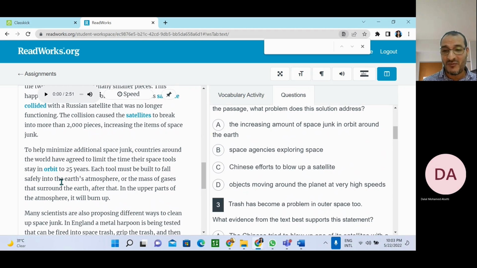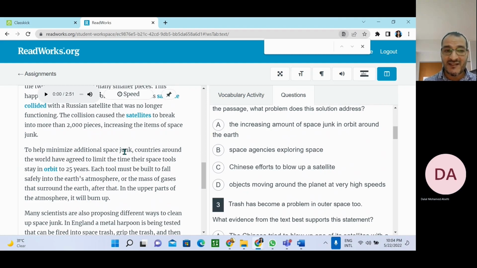I want you to read carefully. Don't push yourself and rush yourself. You will lose focus. Read from the beginning. You spot the place. Here is the evidence. Here is where the answer is. Read the very beginning of this statement. To help what? To help minimize additional space junk. That's the answer.